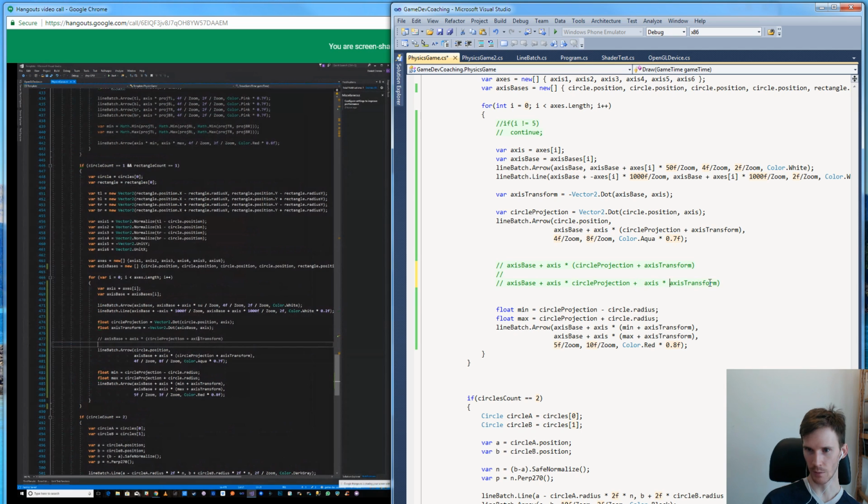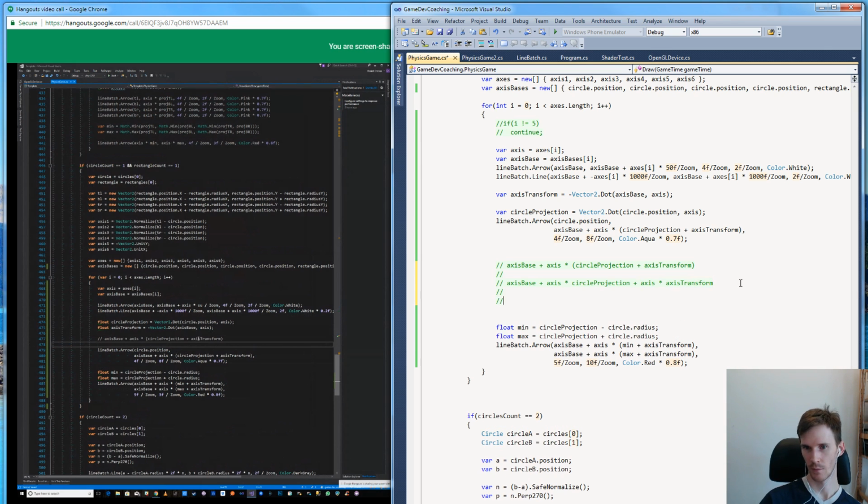If we move the axis inside the brackets, suddenly we have this, which is constant for the axis. So if I just shuffle that around, that whole section becomes constant.